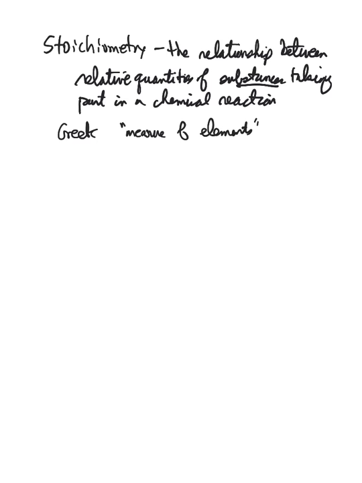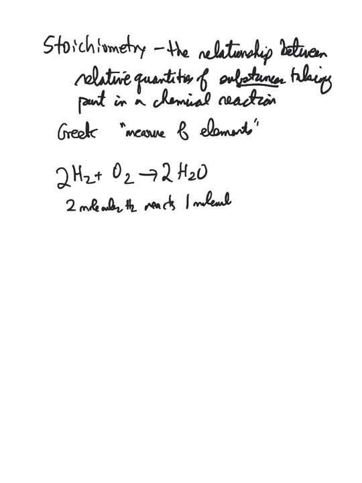And so let's take something like the formation of water from hydrogen and molecular oxygen, and look at those coefficients. What those coefficients are telling us, one way of looking at it, is that two molecules of hydrogen react with one molecule of oxygen to produce two molecules of water.